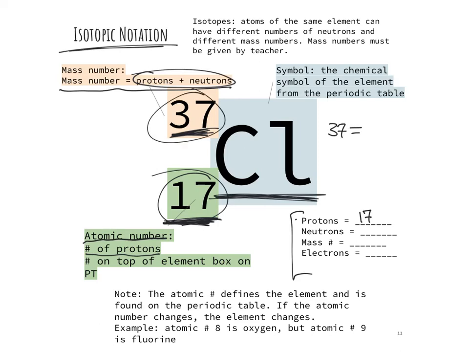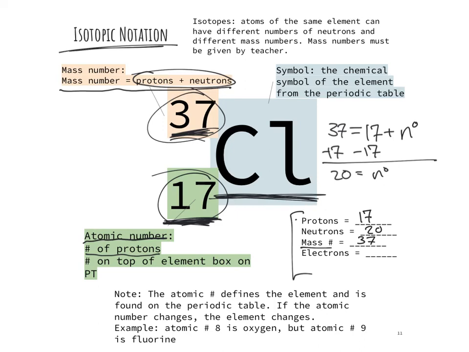So you've got 37 equals your number of protons, which is 17, we already figured that out, plus neutrons, which I'm going to write as N with 0 because it has 0 charge. So to figure out the number of neutrons, you do a tiny bit of algebra: subtract 17 off of each side, and you get that 20 is the number of neutrons. And then the mass number, we already said, is this top number, 37.